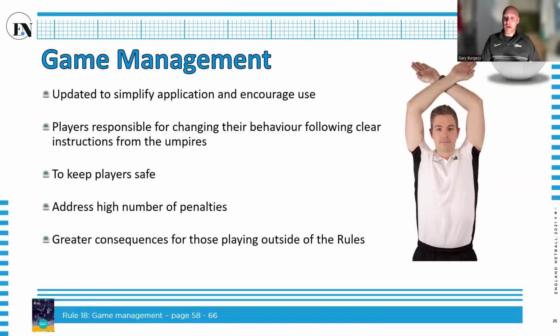Now the game management rules currently place and always have placed the responsibility for changing behavior on the player. Okay, now this is following good umpiring and good instructions from umpires. But ultimately it's the player's responsibility to change their behavior at the instruction of the umpire, and also supported by their coach and their teammates.